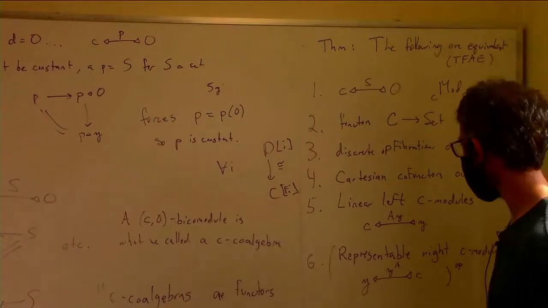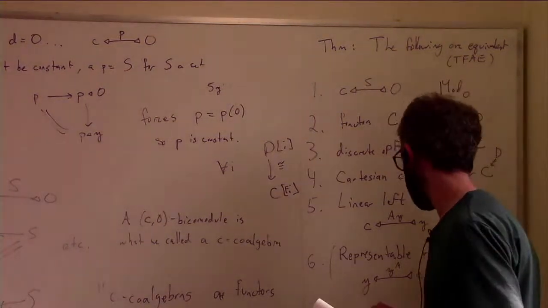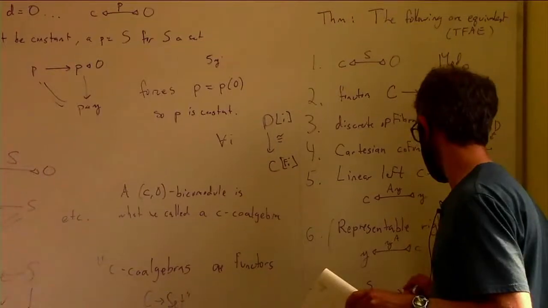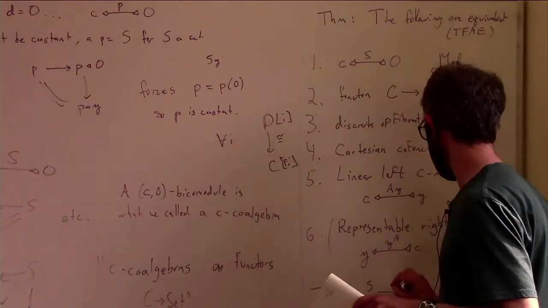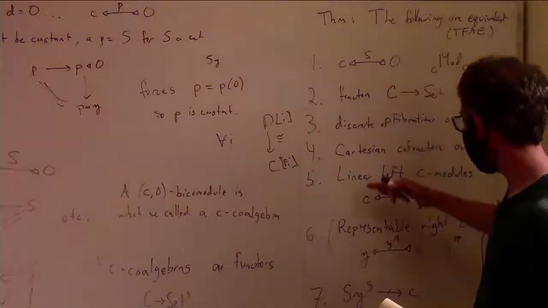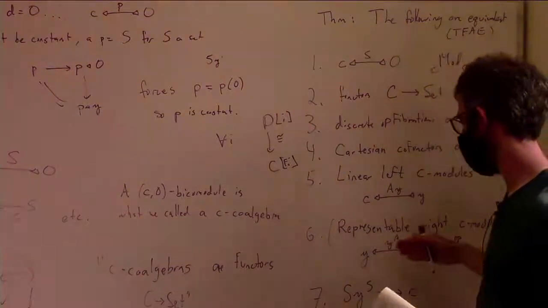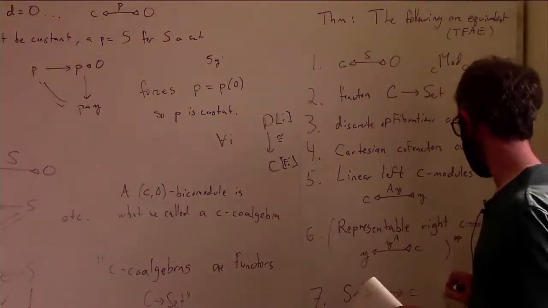And then 7, cofunctors from Sy to the S to C. But these are all equivalent categories. I had to op this one to make it an equivalent category, but it's equivalent basically, except for the op. This one has basically the wrong morphisms.